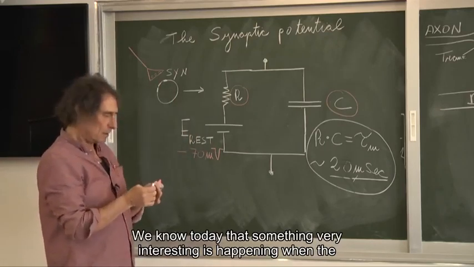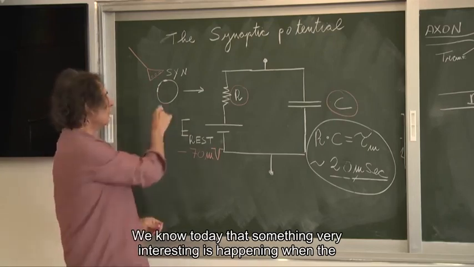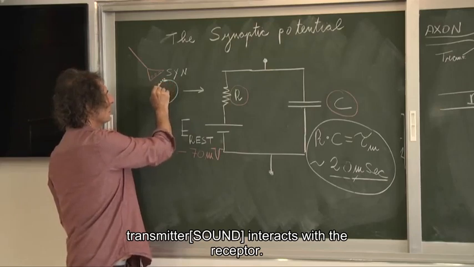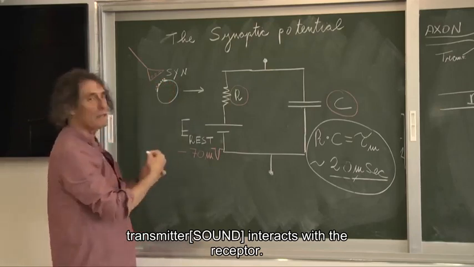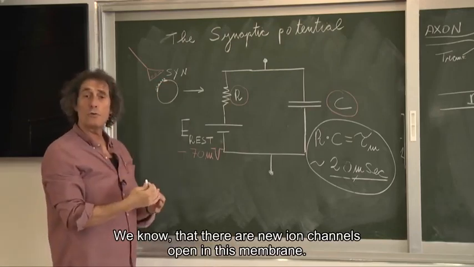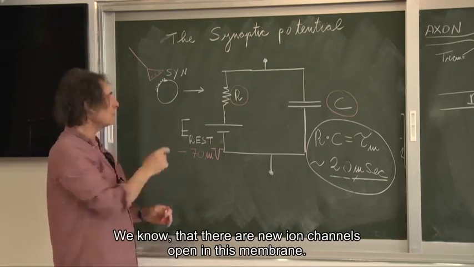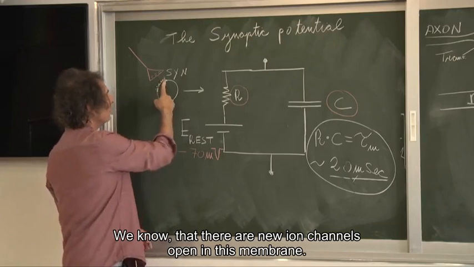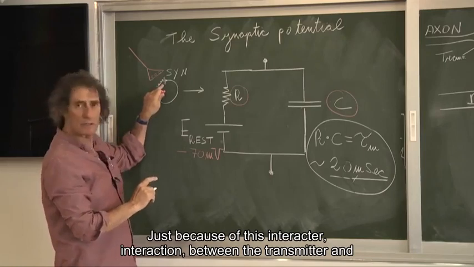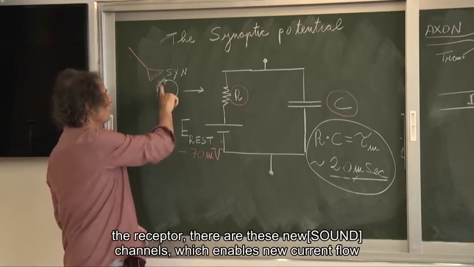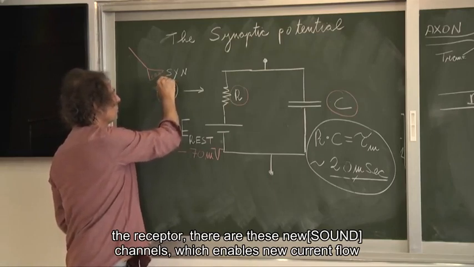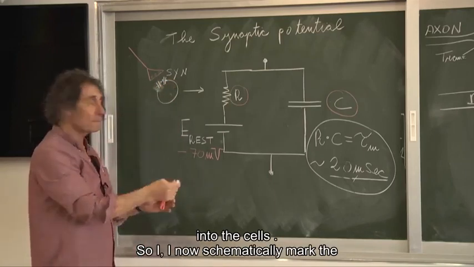We know today that something very interesting is happening when the transmitter interacts with the receptor. We know that new ion channels open in this membrane. Just because of this interaction between the transmitter and the receptor, there are these new channels which enable new current flow into the cell.